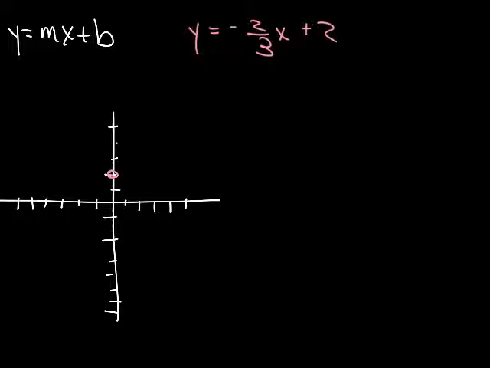I need a couple points to connect the dots and give me a straight line. So I know it crosses at 2, and I know it has a slope of negative 2 over 3. So slope is always y over x, meaning that the top number is my up and down or my y value, and the bottom number is my left to right value or my x. So I start at my y-intercept, which is 2. And I look at the top number. It says negative 2.